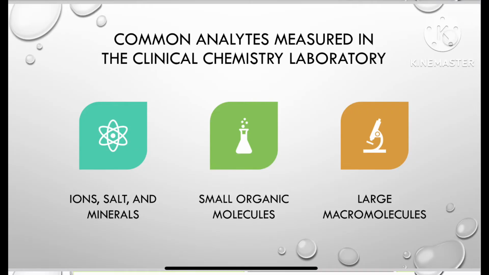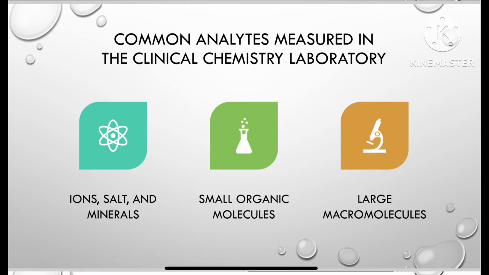In this slide here, class, it is the common analytes that we measure in the clinical chemistry laboratory. Those are the ions, so different ions, salts, and minerals. Miss, what are ions, salts, and minerals? Ions, class, can be either carbonate, acetate, ammonium, nitrate, nitrite.